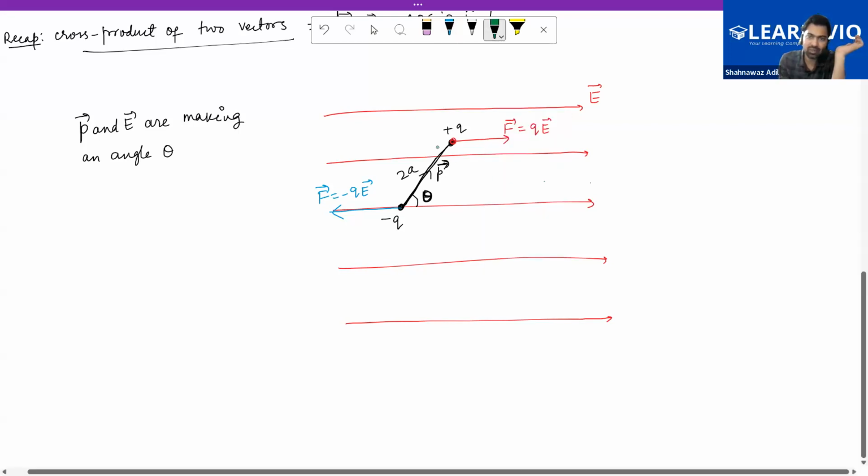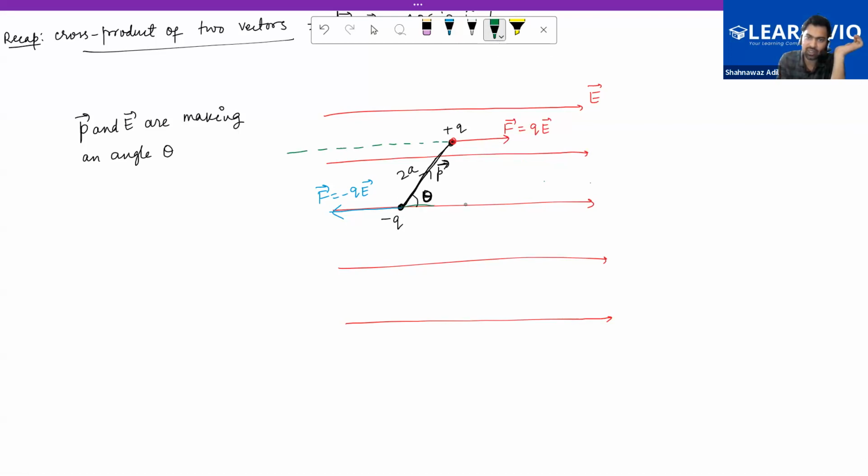This will act as a couple, and this would be the line of action, this one and this one. And this one is the perpendicular distance, R perpendicular.